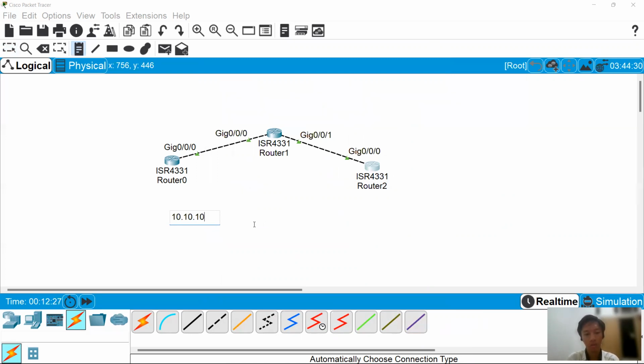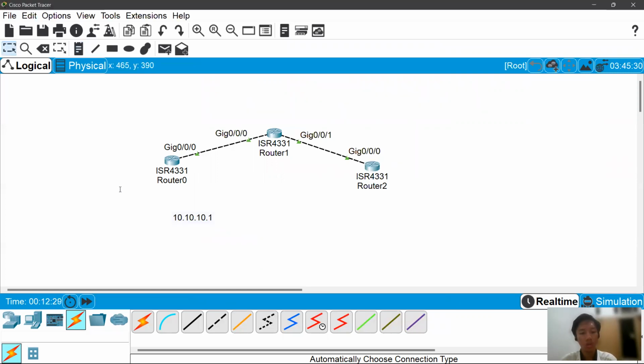For example, I want to use IP 10.10.10.1 on interface gig 0/0/0 in router 0.